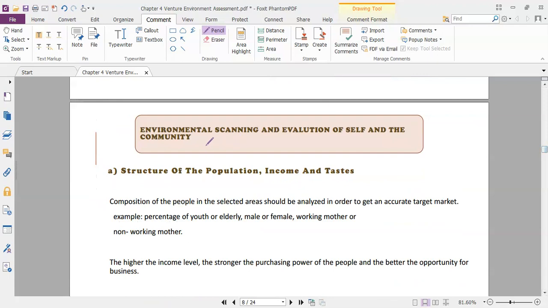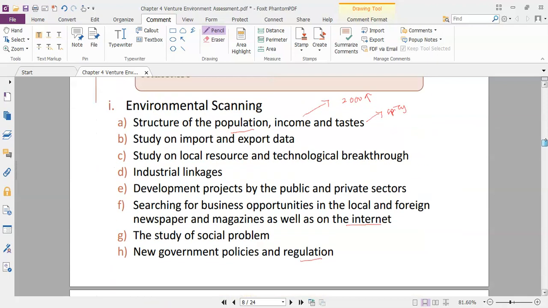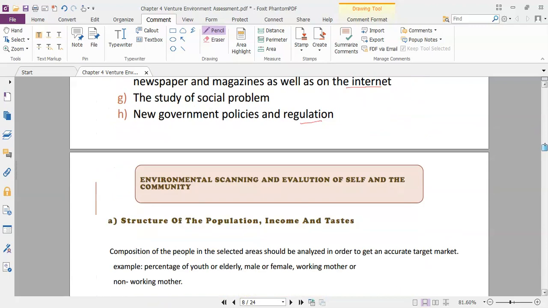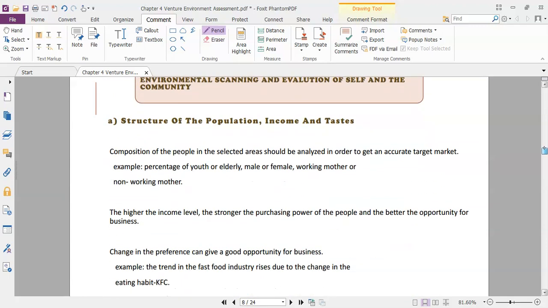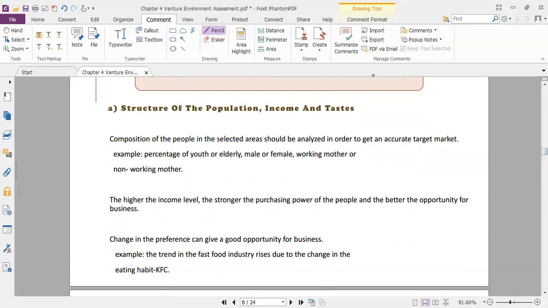And then, let's go through one by one for environmental screening. Structure of the population, income and use: the composition of the people in the collected area should be analyzed in order to get an accurate target market.